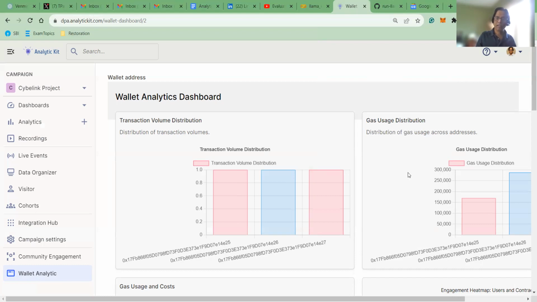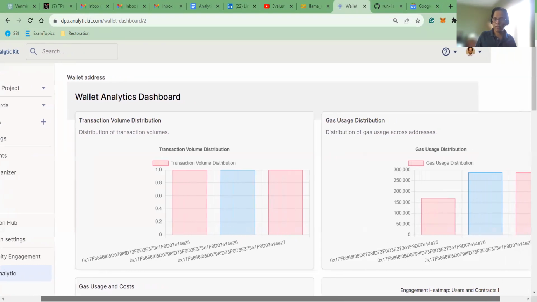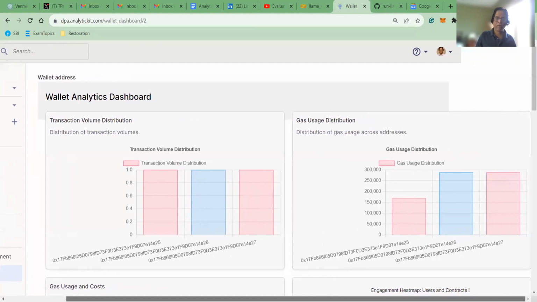And then the second one is the gas distribution. In this gas distribution graph, for the same wallet addresses, you can see how much gas they used. Did they use more gas or less gas? You can use that information to identify the transaction volume as well, and there should be a correlation between these two.